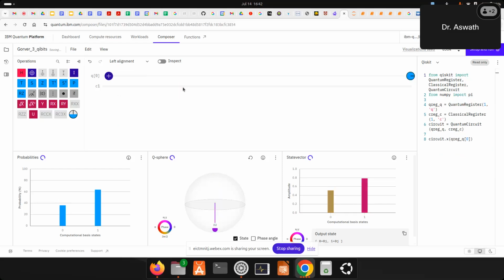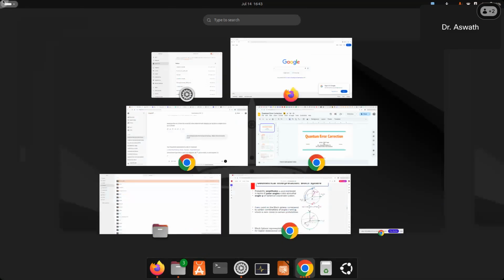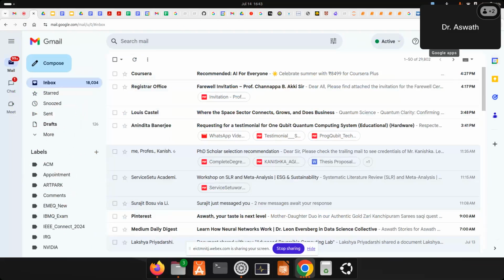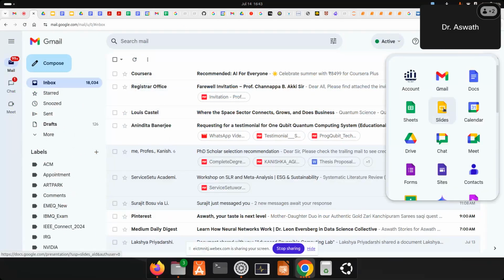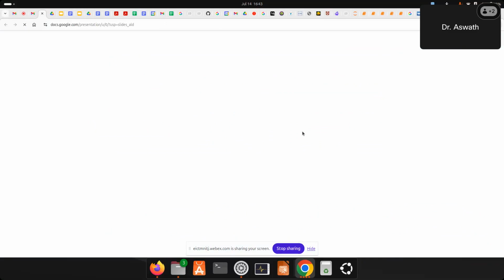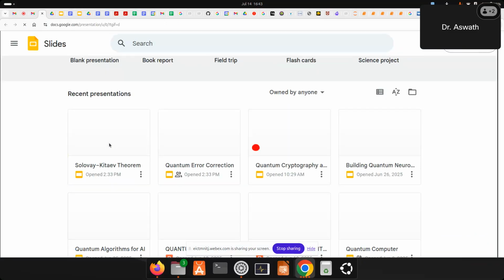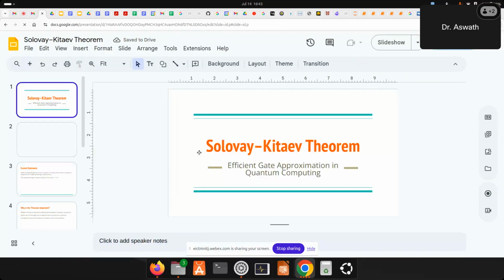Why? Because there is a theorem. Let me quickly show you that theorem. It is called the Solovay-Kitaev theorem, which says any quantum gate can be a product of some fundamental gates.